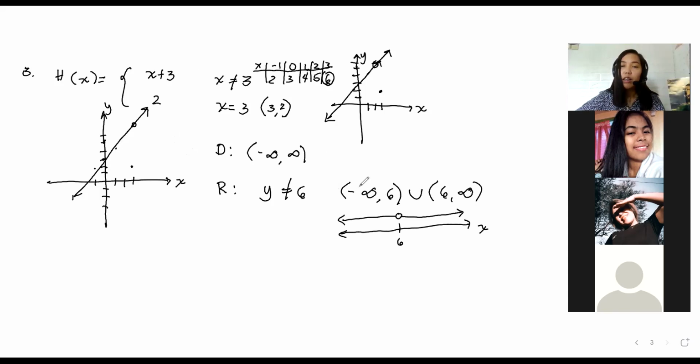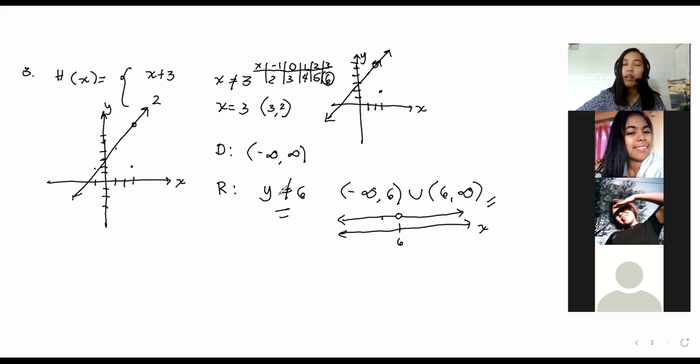So ito din yan. Negative infinity to 6, union 6 to positive infinity kasi hindi kasama si 6. Okay? Si 2 ay part nito. Diba? Nandito yan, oh. Dito si 2. Okay? Kaya pag pinagsama sila, ito pa din yon.